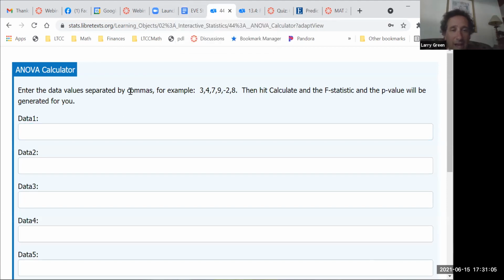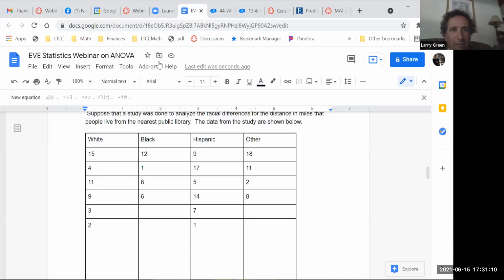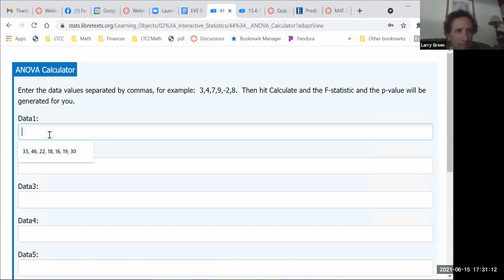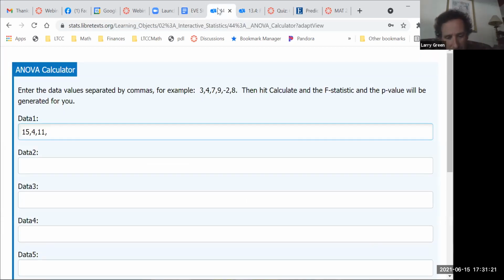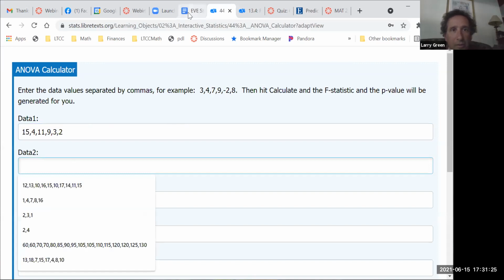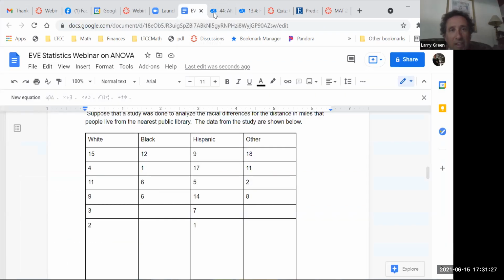And it says enter the data value separated by commas. So data 1 was 15,411, and then 932. Data 2 was 12,166.